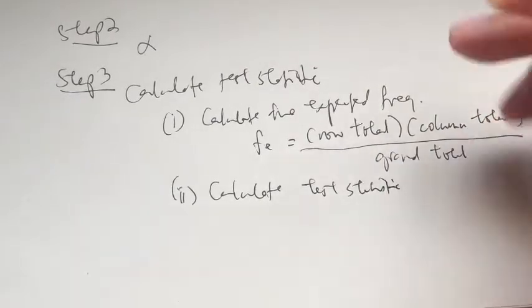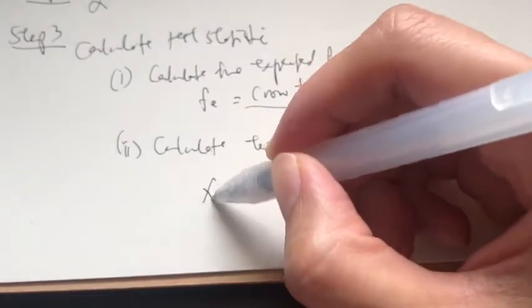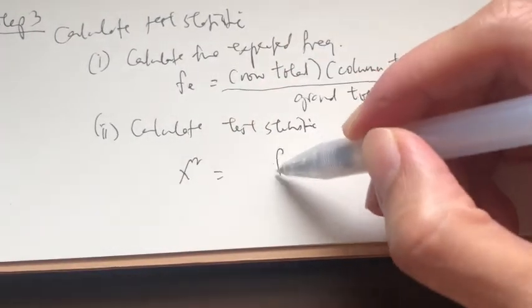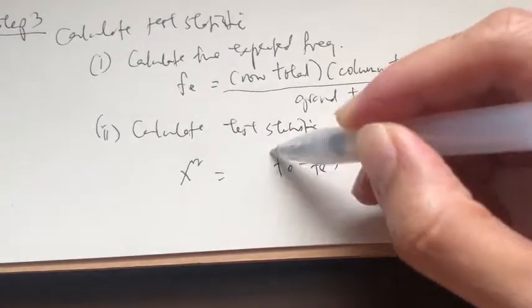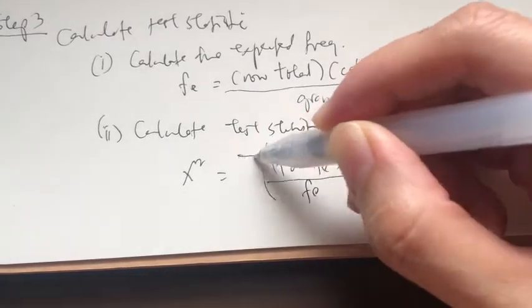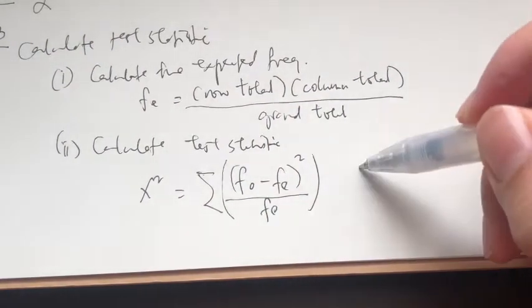Just like before, similar to the goodness of fit test, the chi-square distribution is used as the test statistic, and the formula is the same. FO minus FE, the difference we square it over FE, and everything we add up together. However, the difference lies in the degrees of freedom.